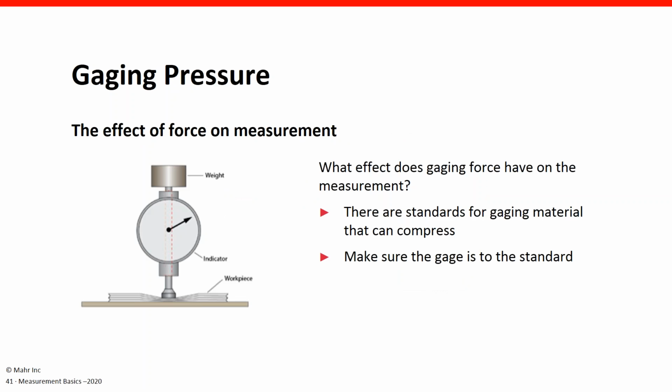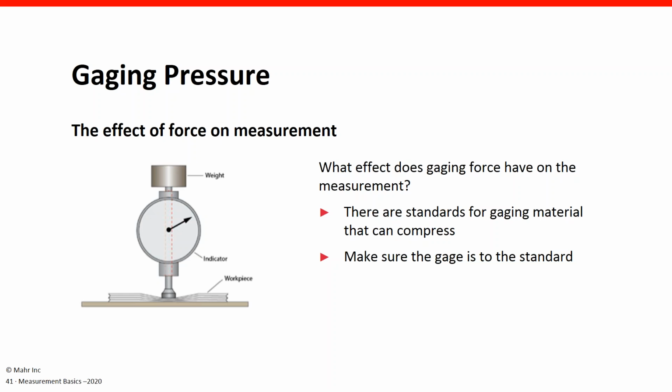Gauging pressure is something that we might want to consider. What effect does the force have on the measurement? Well, if we have a very thin wall or a compressible material, it can deflect the part and influence the measuring result.